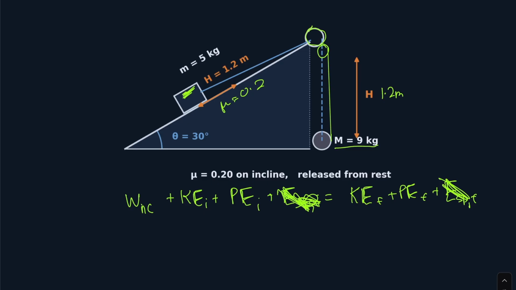And we start from rest, so we don't have a kinetic energy initial. But what do we have? We have a potential energy initial, and we have two of them. For the big mass, imagine that it started here, its potential energy would be mg times this big H, which is 1.2, but we can substitute that in later.